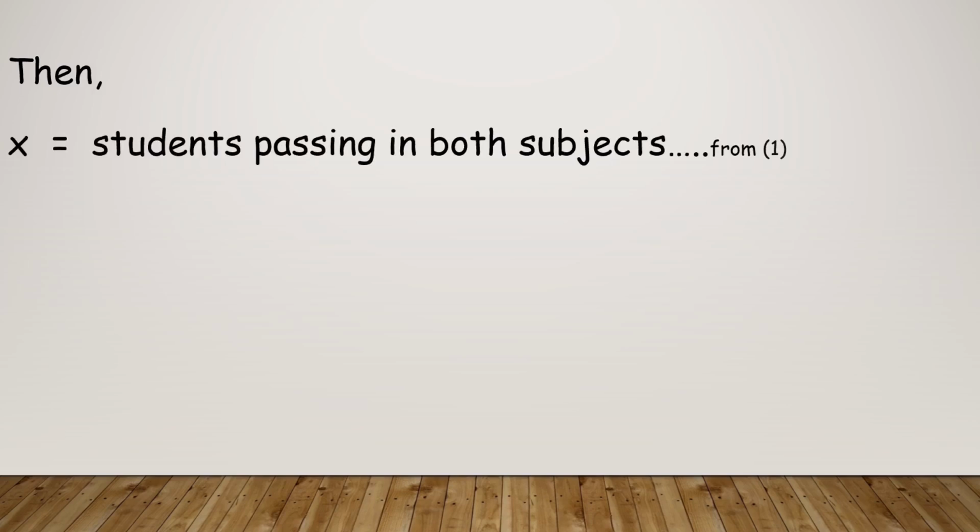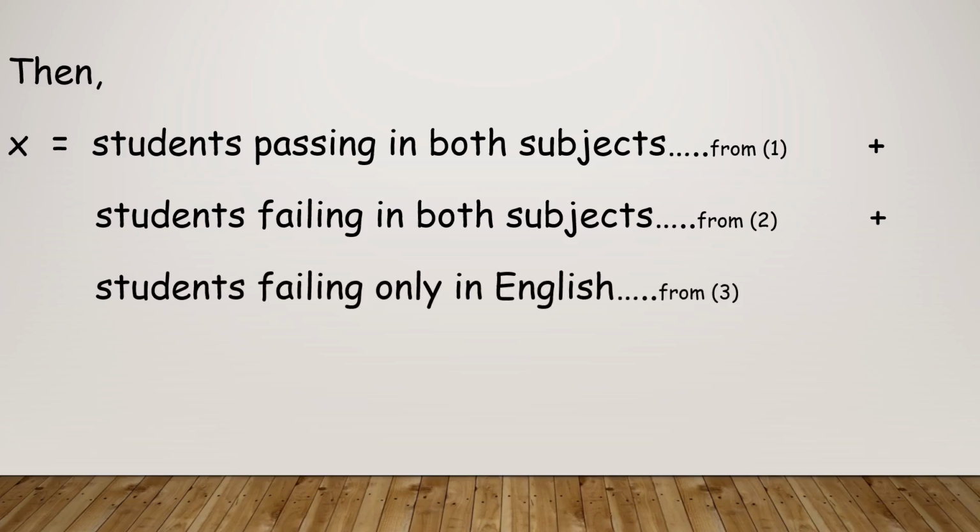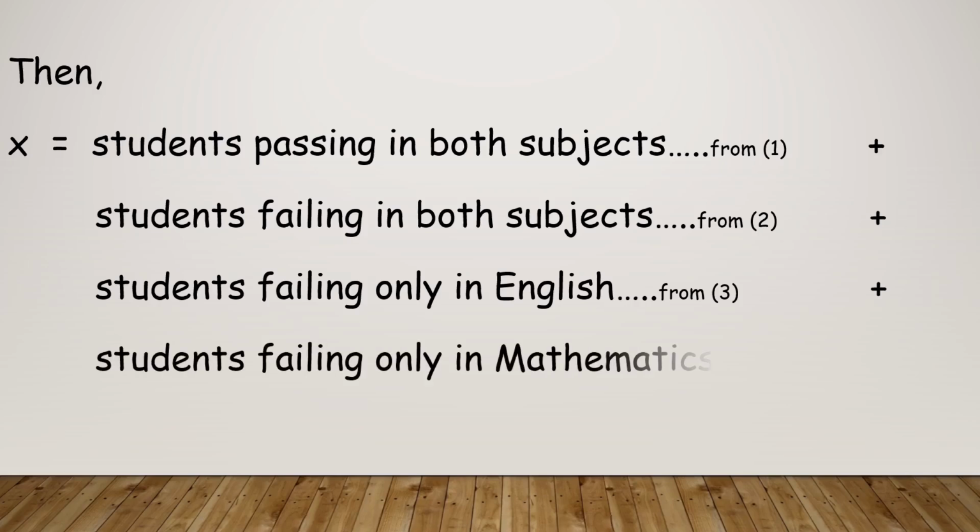Then X is equal to students passing in both the subjects, which is a number, plus students failing in both the subjects, which is in the percent form, plus students failing only in English, again in the percent form, plus students failing only in mathematics, also a percent.